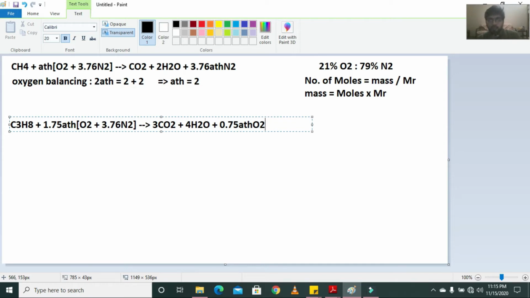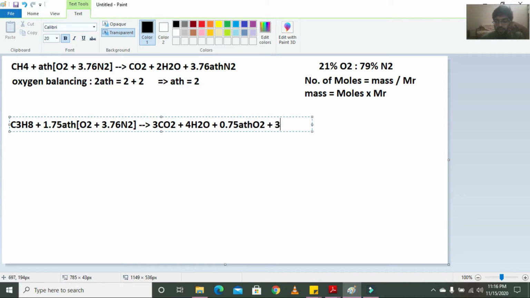It means we will have some excess oxygen molecules which have not been utilized for the combustion, because we have provided the excess amount of oxygen during the combustion process. So we will have 0.75 ATH times of oxygen molecule here as well.